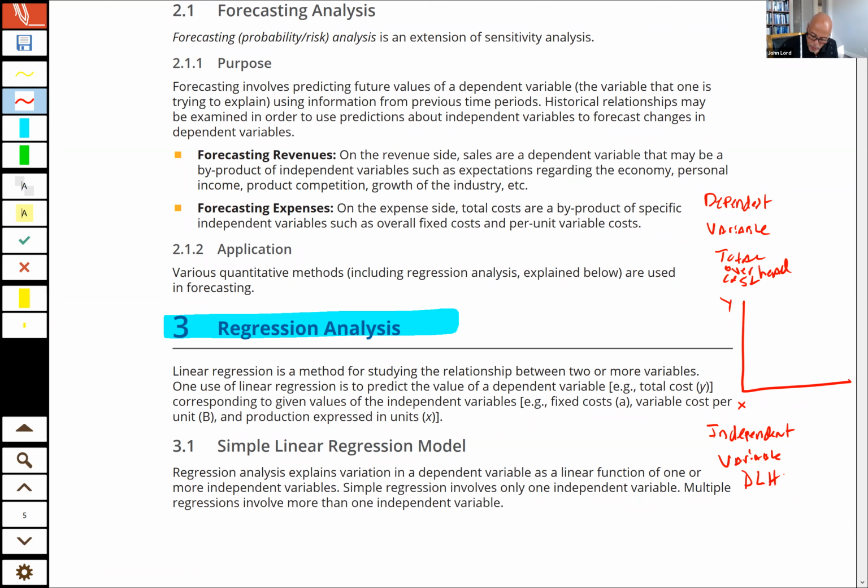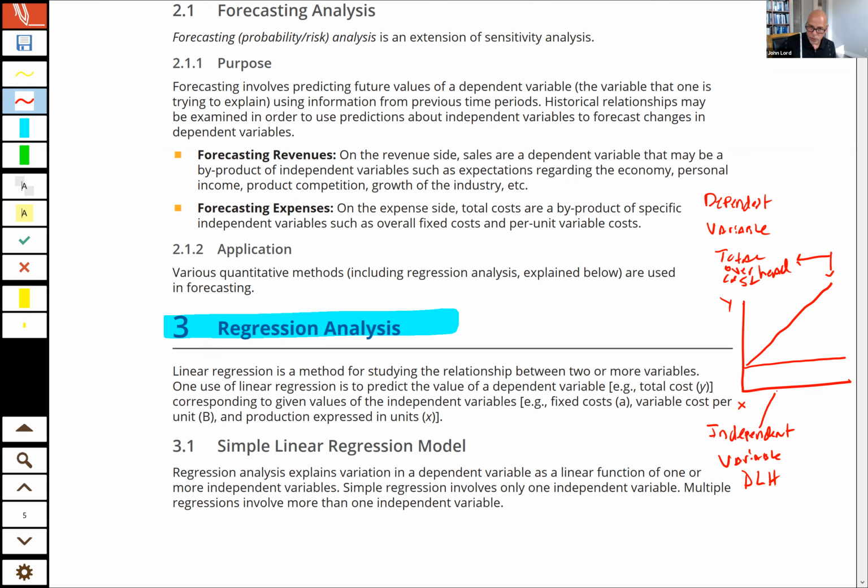Okay, and what regression analysis tries to do is say, look, is there a relationship between total cost, which is represented by this line right here, the dependent variable, and the direct labor hours, which is plotted on the x-axis.